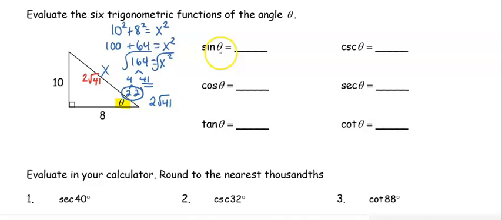So when I see sine of theta, just as a reminder, that's opposite over hypotenuse. 10 is going to be the side across from, so opposite, that angle. 8 is adjacent. And then what we just found, that 2 root 41, is the hypotenuse. So opposite over hypotenuse.